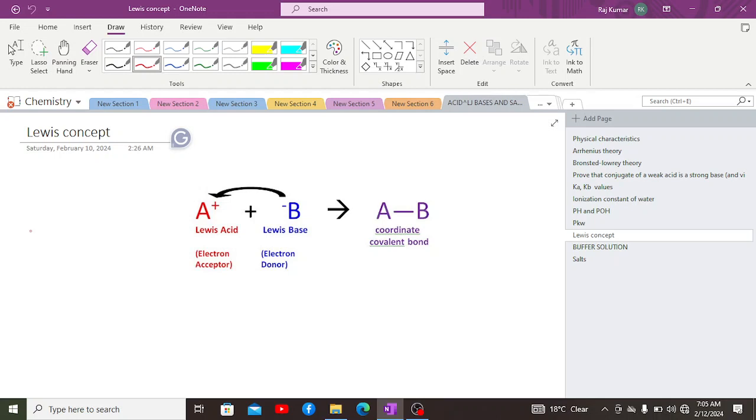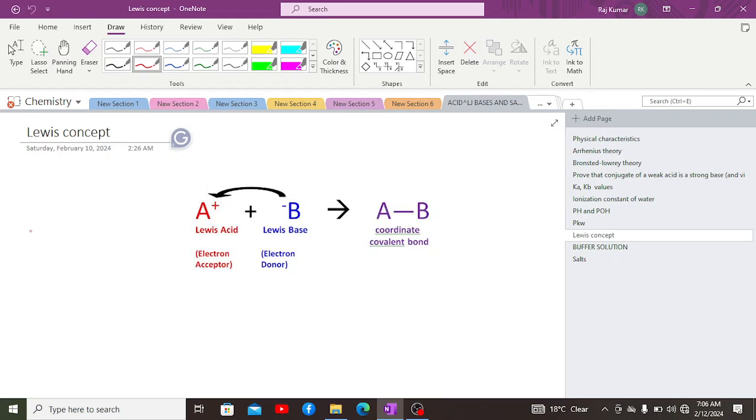Moreover, anions would be donating electrons, due to which anions would be considered Lewis bases. This would be the formation.